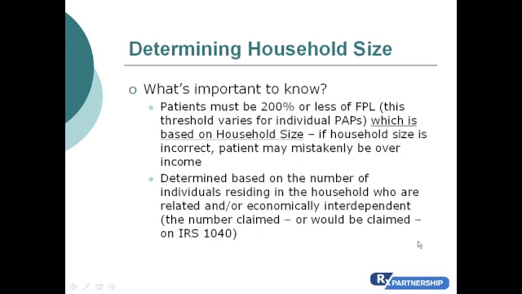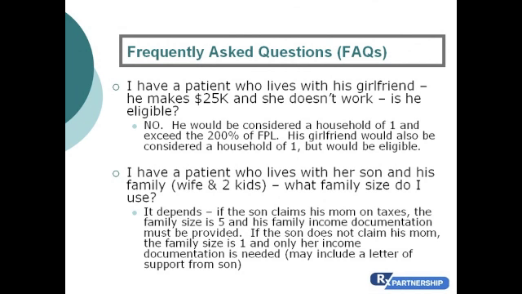So let's look at a couple of questions here that can be tricky, and yet I do find they come up again and again, especially this first one. If you have a situation where you've got a couple, one of them is making $25,000, the other one is making $0.